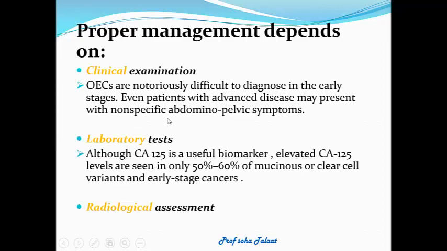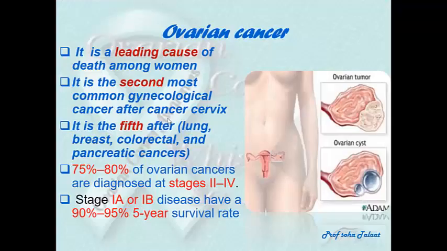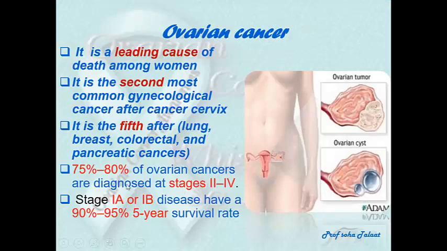So regarding the ovarian lesions, here we have clinical examination. In clinical examination, ovarian epithelial cancers, in stage 1A or 1B, survival rate can reach up to 90 to 95%, which usually they are not diagnosed in this stage.